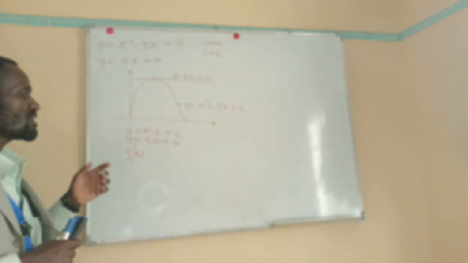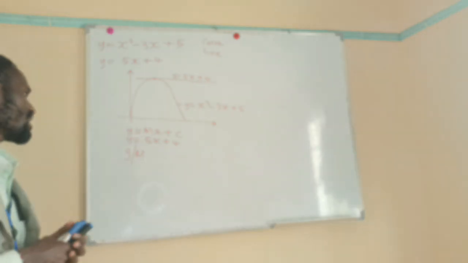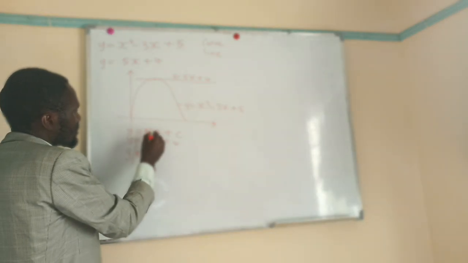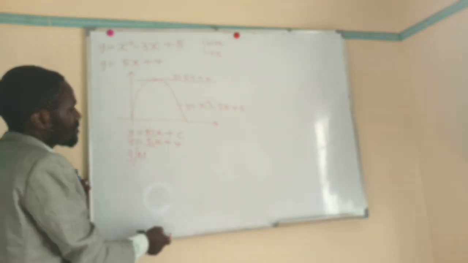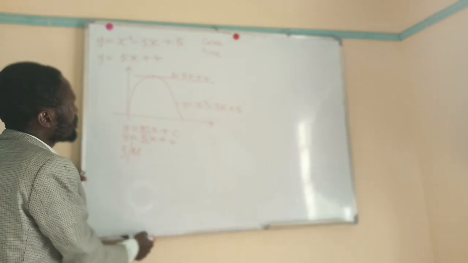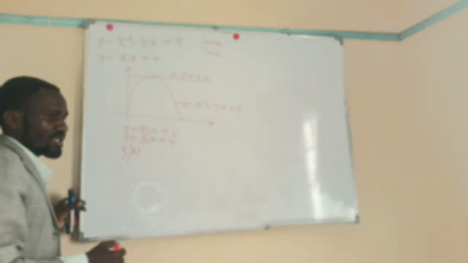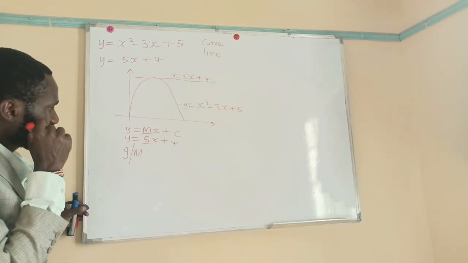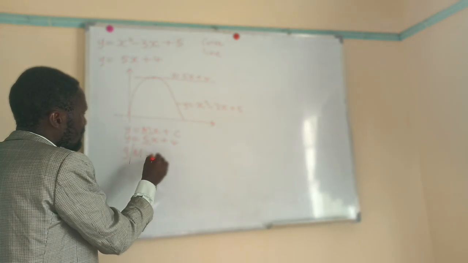So that tells us that the gradient of this line is 5, because m corresponds to the gradient of the line. You also need to know that c represents the y-intercept, where the line intersects the y-axis. So the gradient of this line is 5.